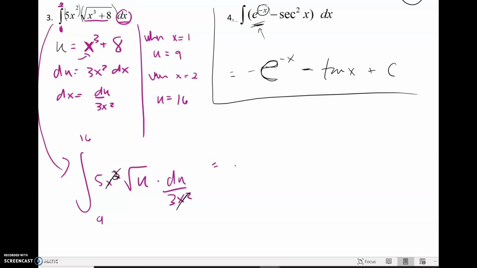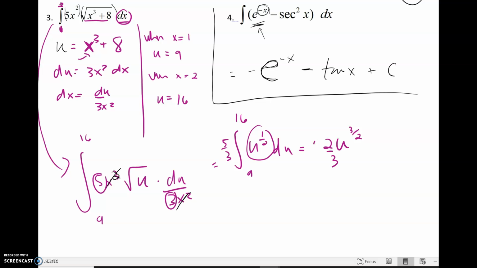Now I got everything to u, so that's good. So I'm going from 9 to 16. I got a 5/3 that I'll factor out, and I have a u to the 1/2 du. If I anti-differentiate this, I get u to the 3/2 divided by 3/2, or times 2/3, times my 5/3.